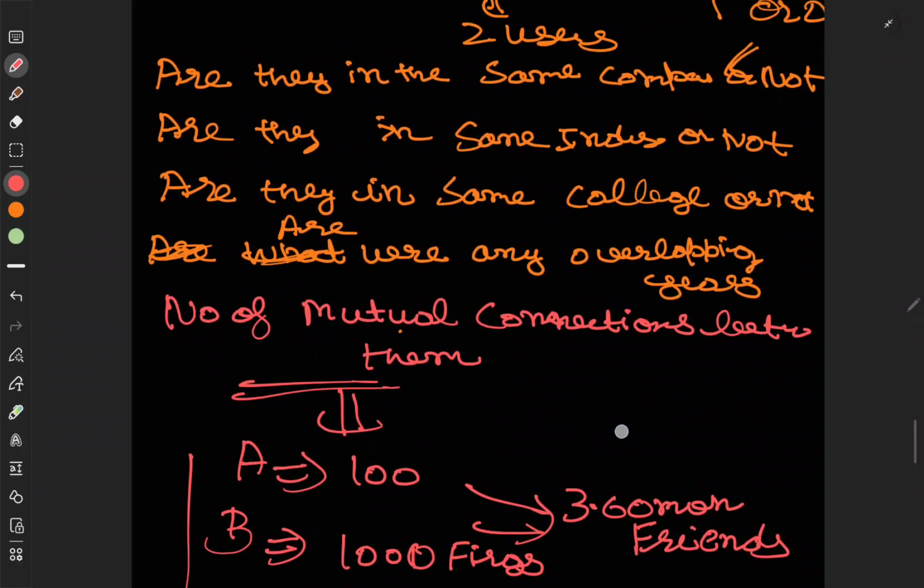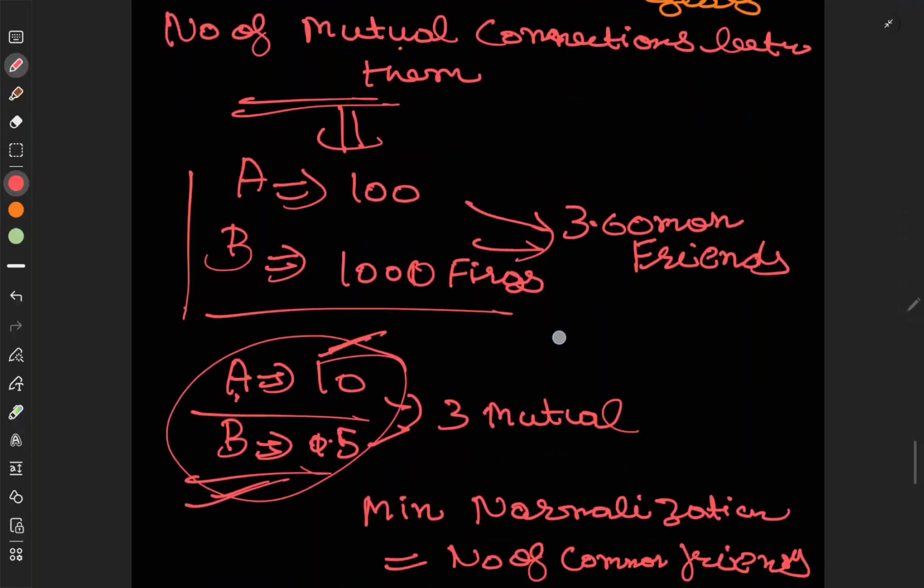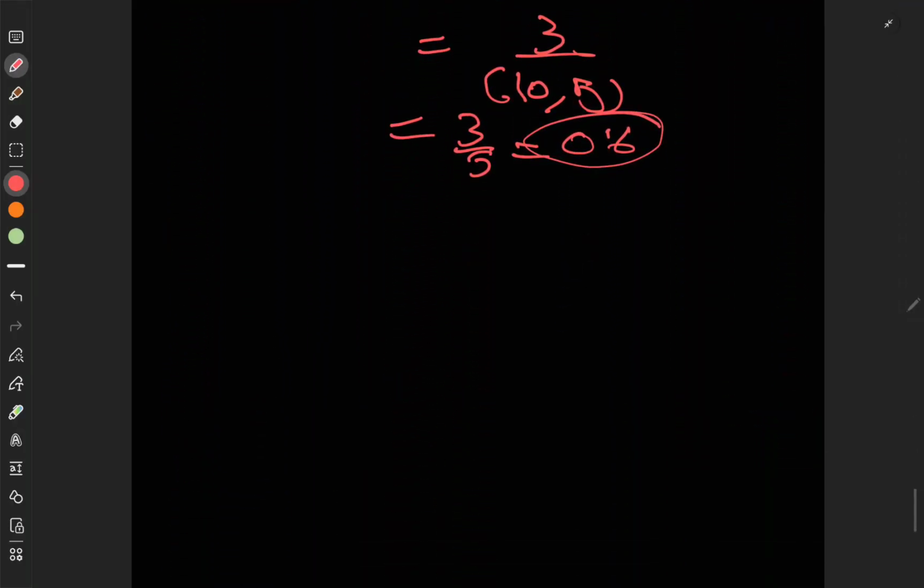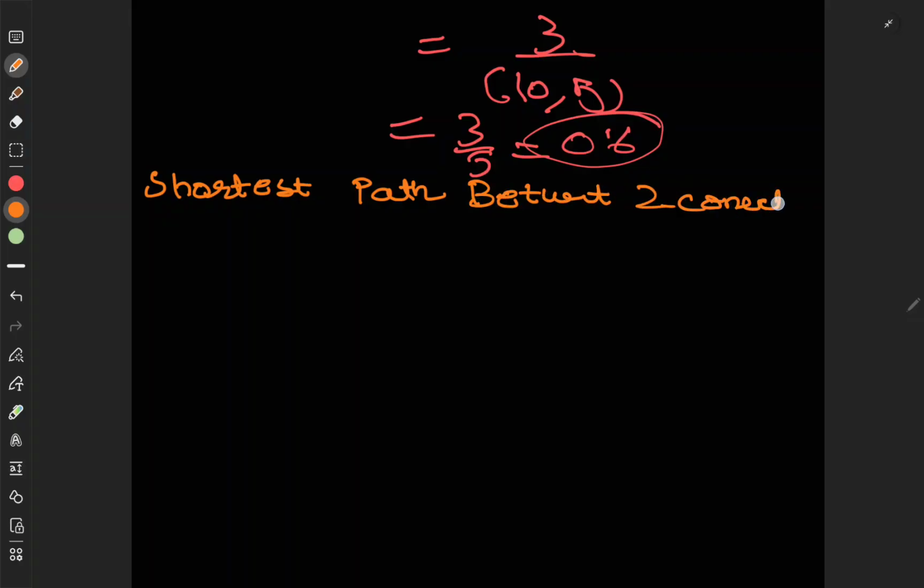Okay, then comes the shortest path between two connections.